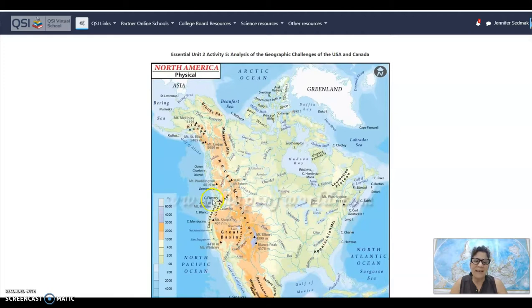So when I say that, think about how their challenges are similar and different, and which of them have more of a geographic disadvantage. So you're really going to weigh the 2 countries against each other in terms of which one has the greatest geographic advantage. Okay, so that is in that activity.